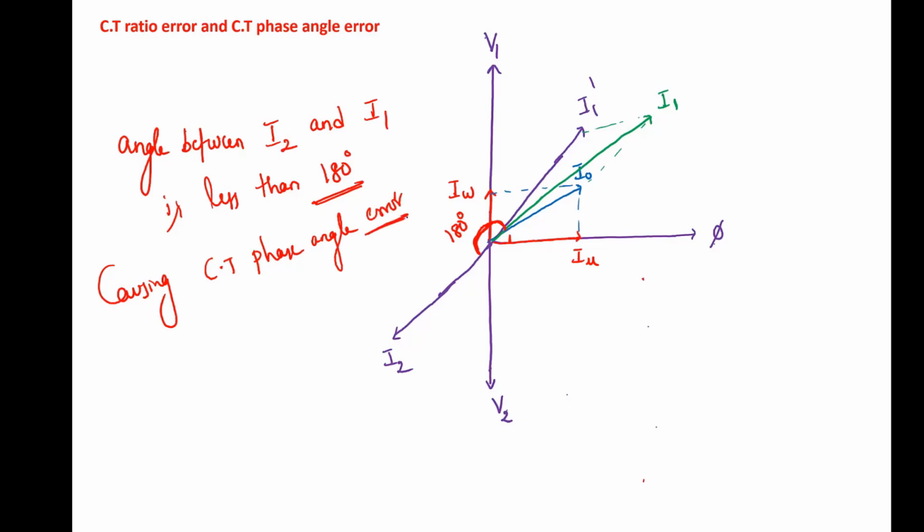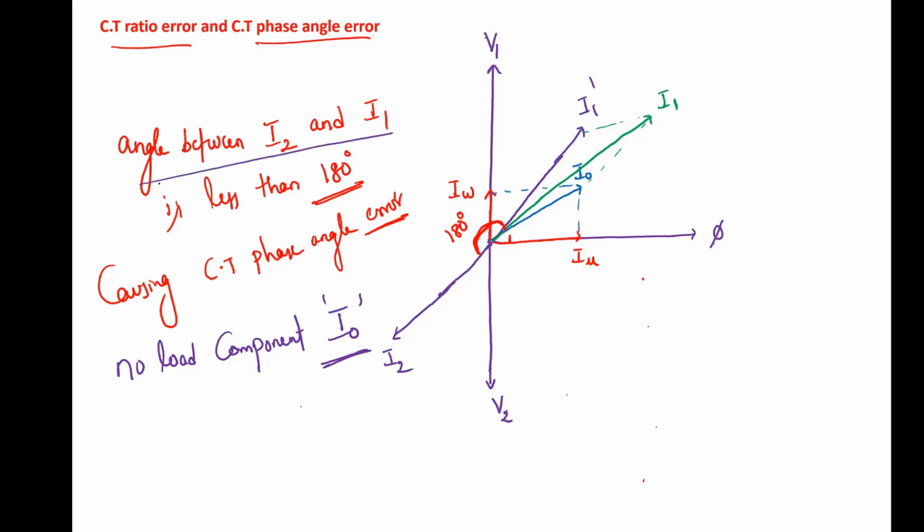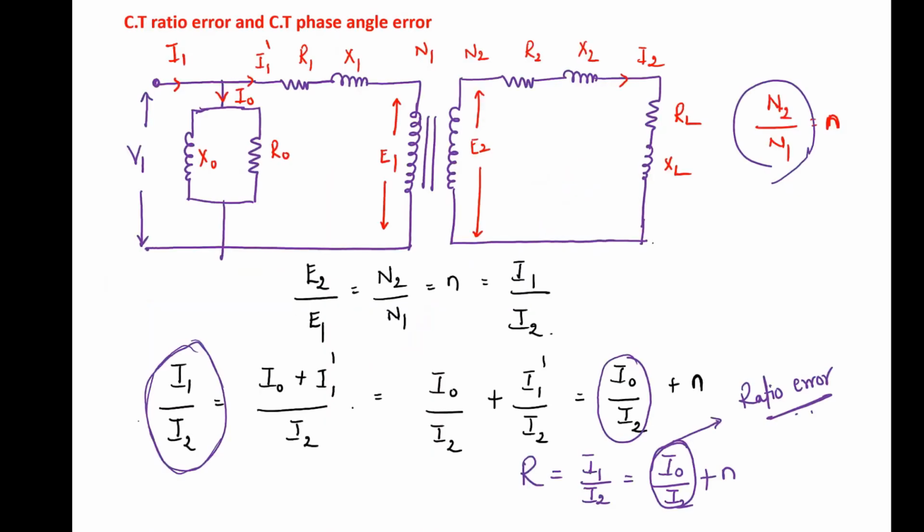So this CT ratio error and CT phase angle error are because of the no load component of transformer current, that is I0. Because of this I0, the angle between the primary and secondary currents is less than 180 degrees, and the exact ratio R is slightly greater than the nominal ratio. So these two are called ratio error and phase angle error.